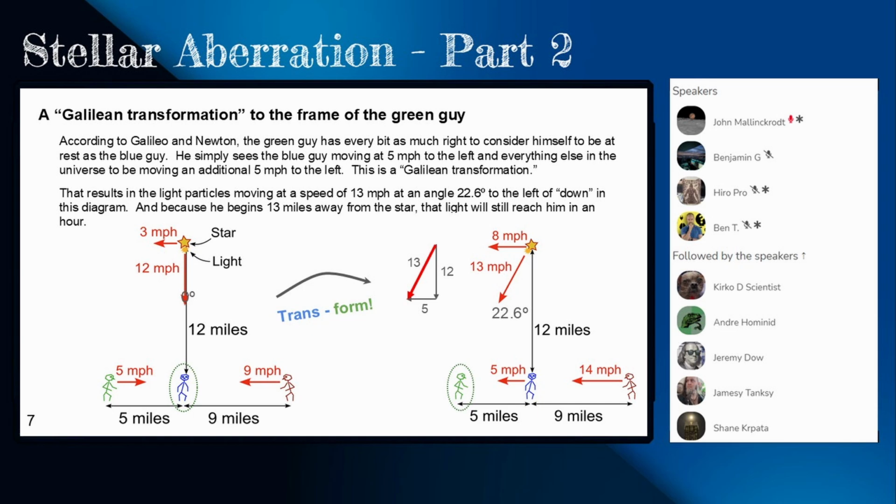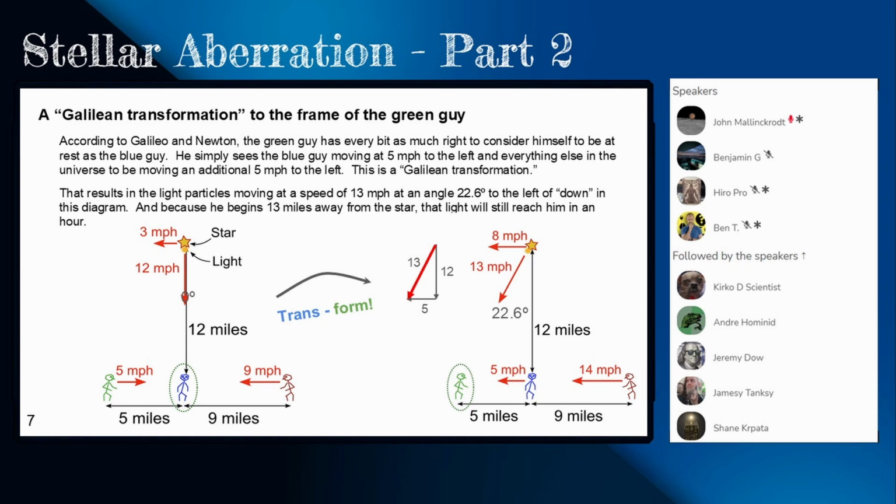Adding those two velocities means just making that little triangle and seeing the net result of both moving down and moving to the left: 12 down, 5 to the right. If you do the Pythagorean theorem, I chose those numbers for a reason, because 5 squared plus 12 squared is 13 squared. So the light from the green guy's point of view is moving at 13 miles per hour.